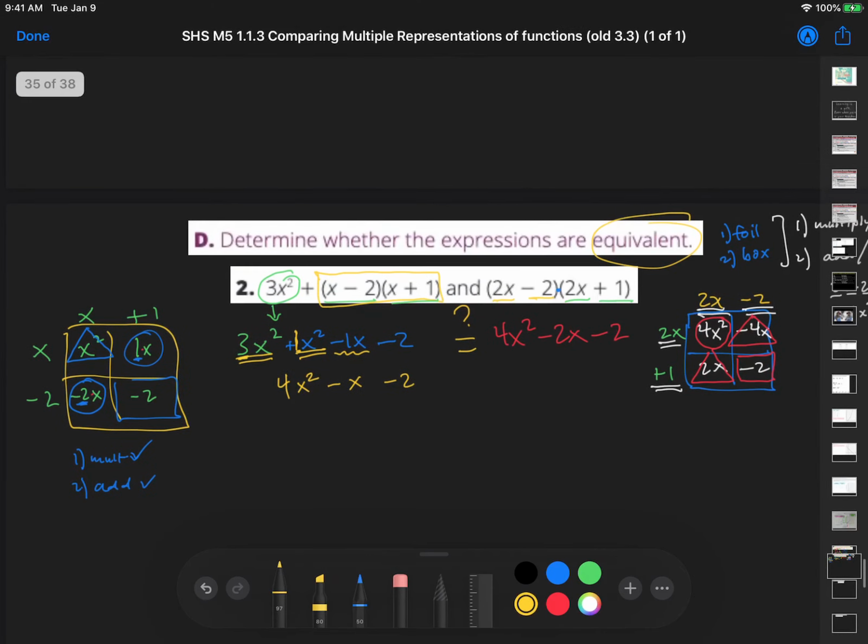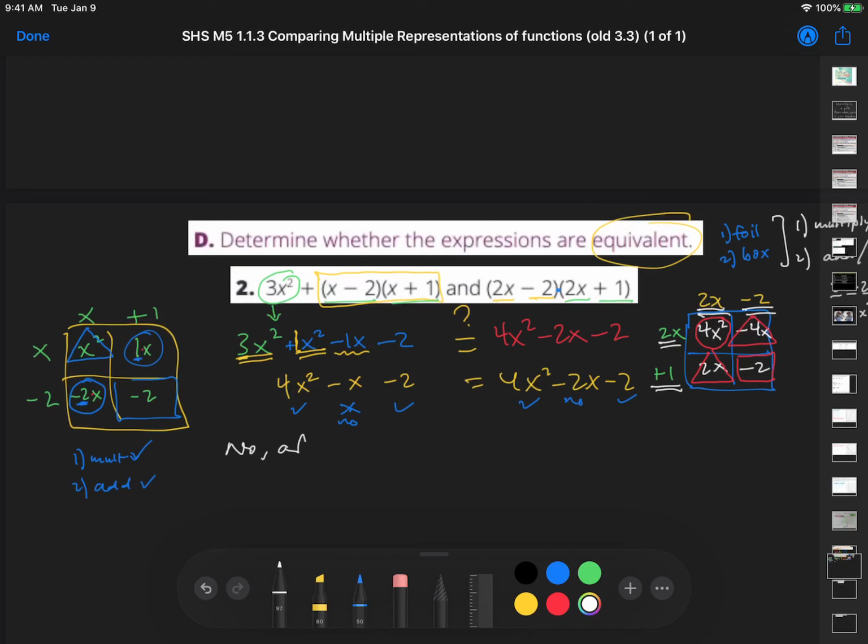Okay? So then are these equal? Let's go through these. 4x squared, 4x squared, yes. Negative 2, negative 2, yes. Negative x, and that x right there is not the same thing as over here because this one's a negative 2x. So we can say, let's write our sentence.